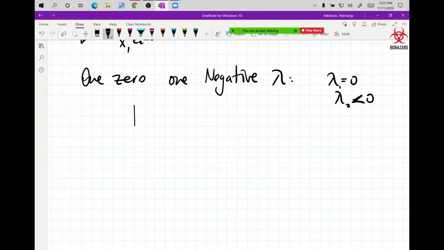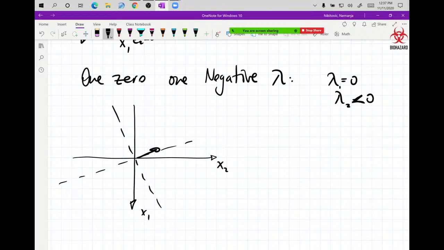Now, how does that manifest on your picture? Well, when you have your solutions, and you pick whatever location you want for your eigenvectors, I don't care. You can pick literally anything. I said that my lambda 1 is 0. Lambda 1 corresponds to a vector v1.